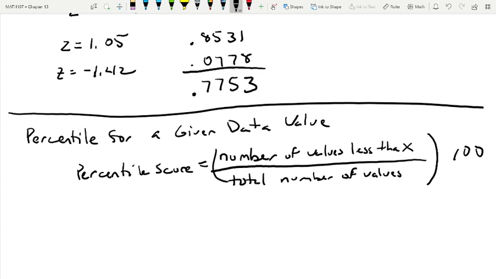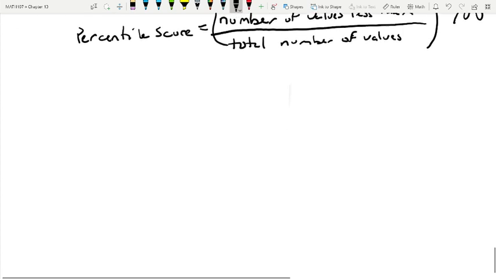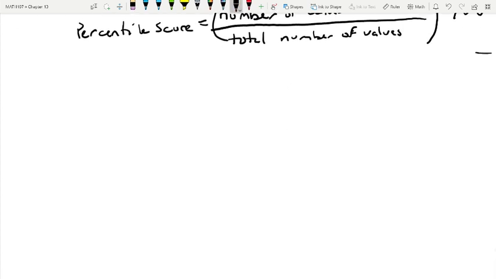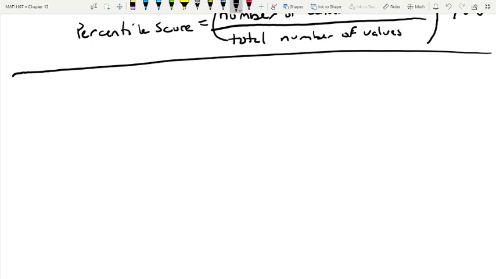Other things we can do with our numbers are quartiles and then box and whisker plots. So quartiles.